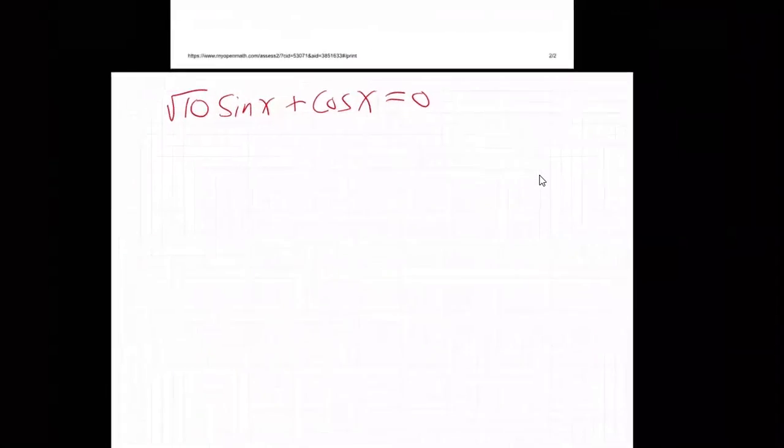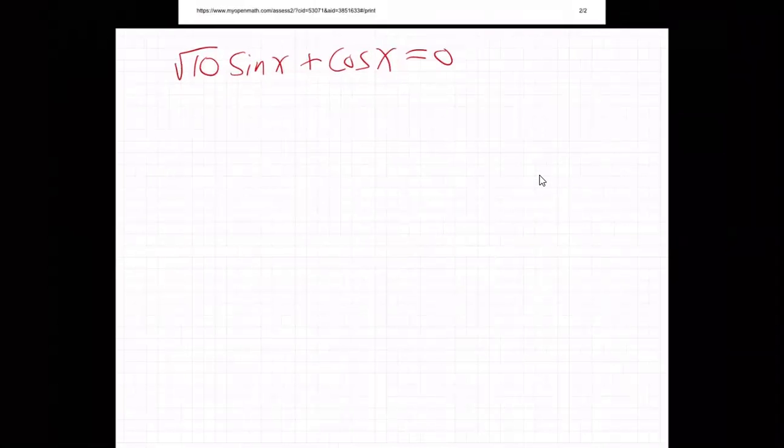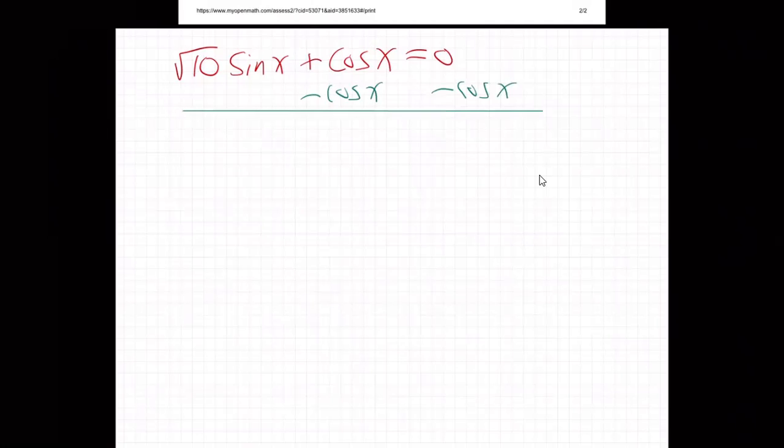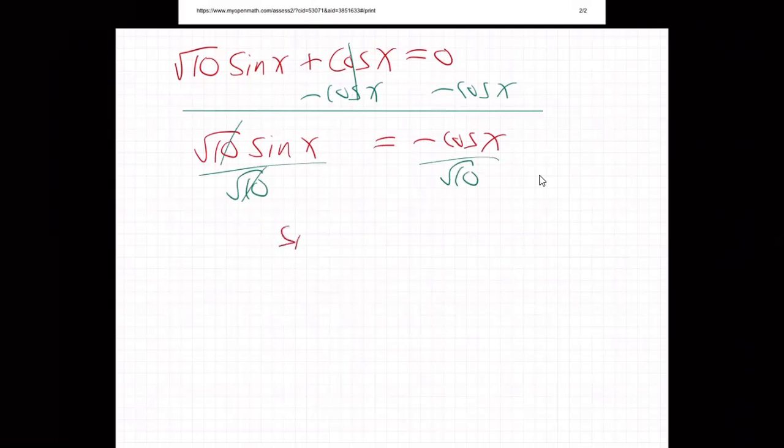So let's do that. Step number 1, we're going to subtract the cosine from both sides. It's gone there, and we get square root of 10 sine x is minus cosine, and then you divide by the square root of 10, and you get sine x is minus... it's a little weird having that square root on the bottom.